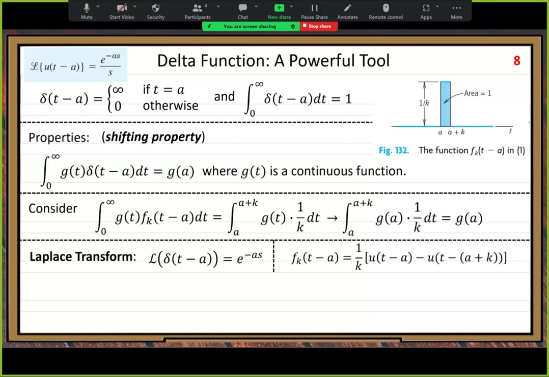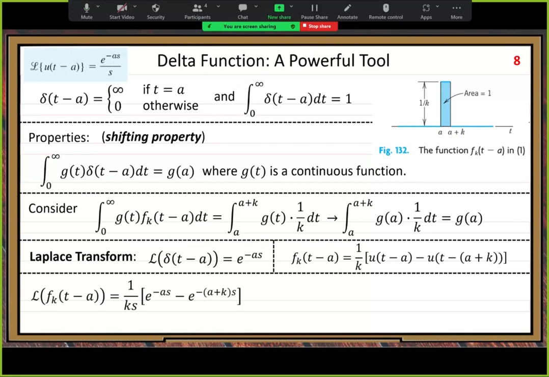Then take the Laplace transform on fk, 1 over ks, the bracket, because here we have two terms. So you have the difference of these two e functions. Then factor this e to the negative as out.